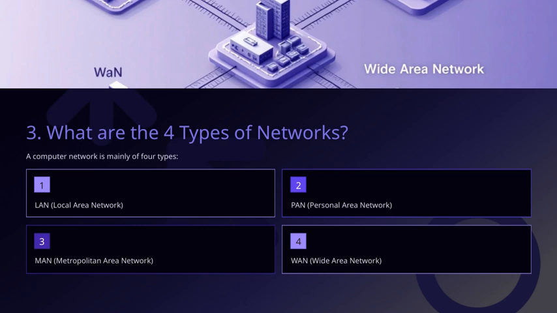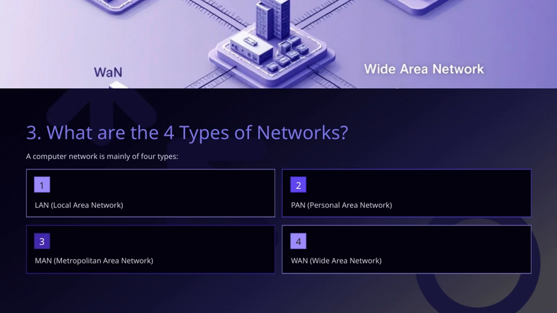Moving on to the MAN, or metropolitan area network. This covers a larger geographic area, such as a city or a campus. It's often used by organizations that need to connect multiple LANs across a wider area, providing faster communication across the city. Finally, there's the WAN, or wide area network. This is the largest type, connecting devices across countries or even continents.